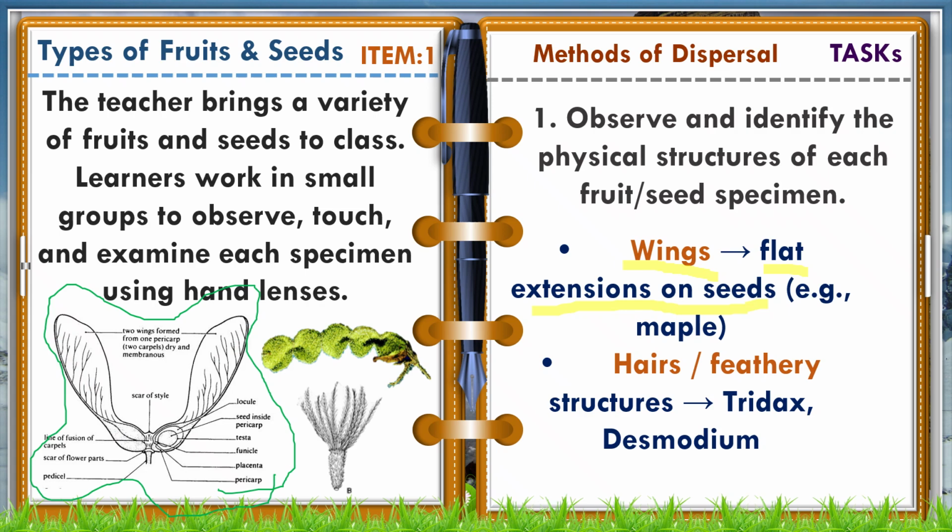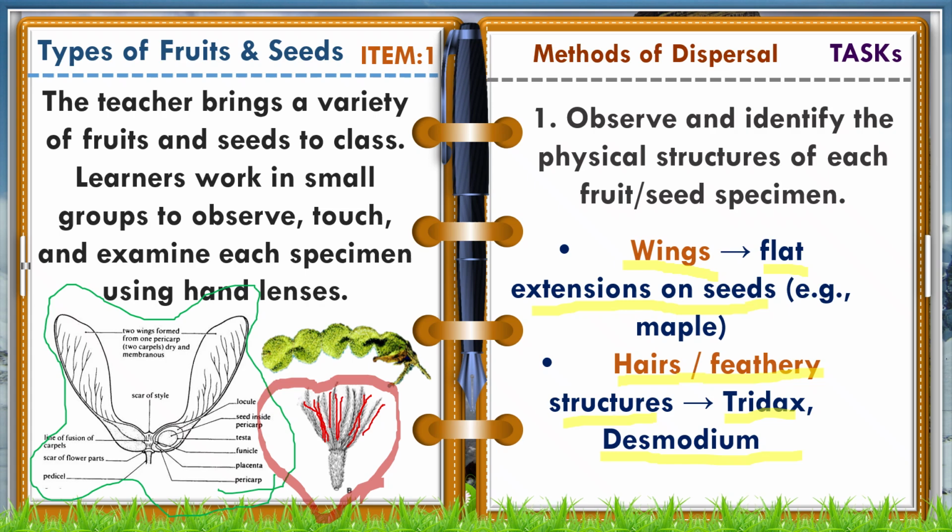Then we have hair or feathery structures. These can be seen on tridax and desmodium. This is our tridax. When you look at it, you see hair-like structures, which we call pappus hair or parachute.